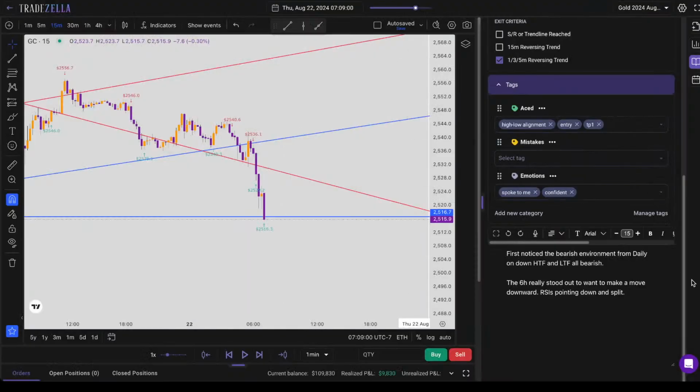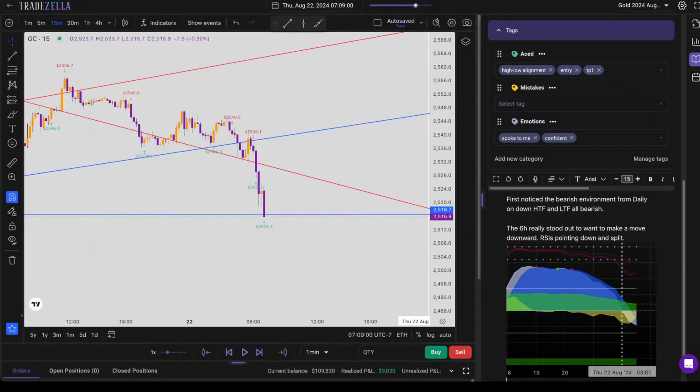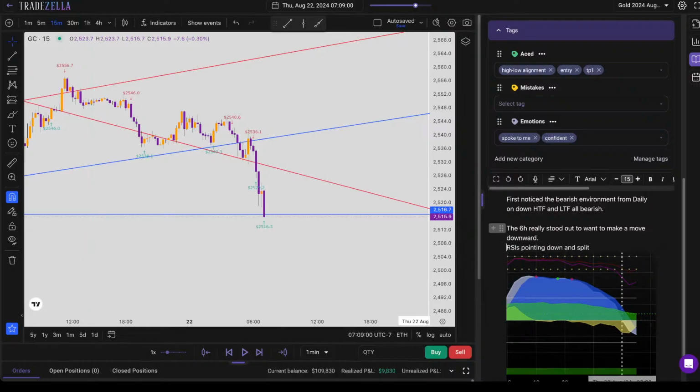Okay, so we got our screenshot. Now we need to get this thing to here. So here's what we're going to say: 6-hour chart.